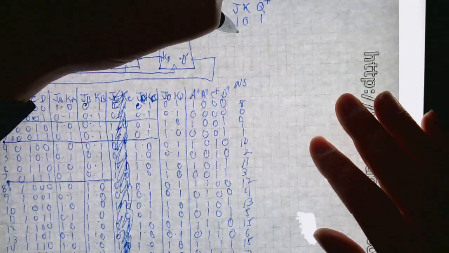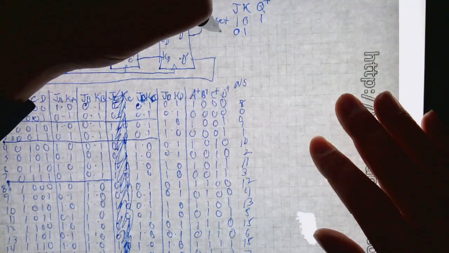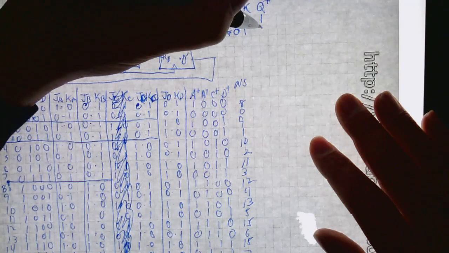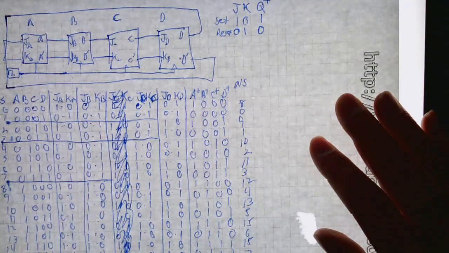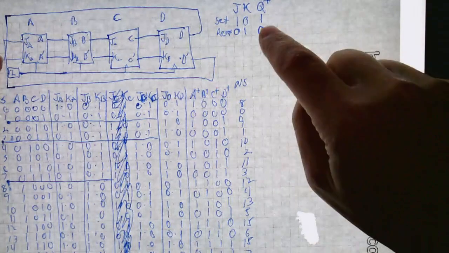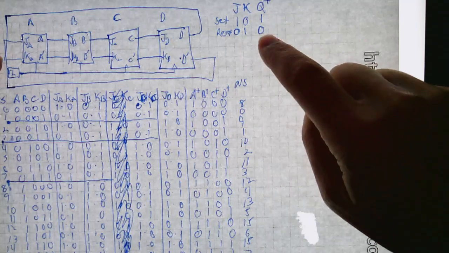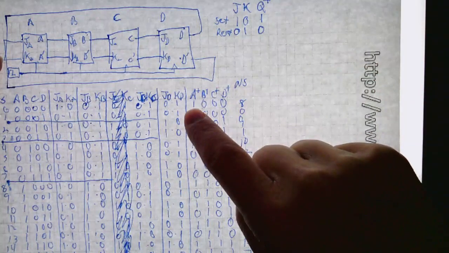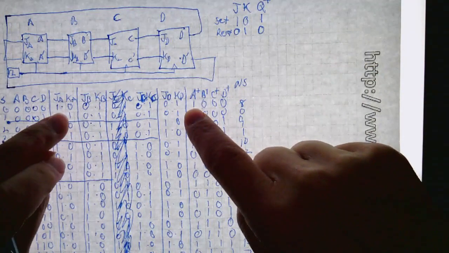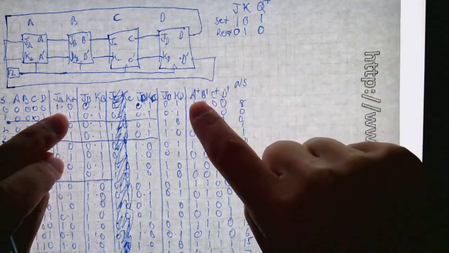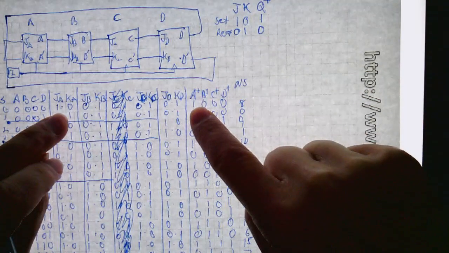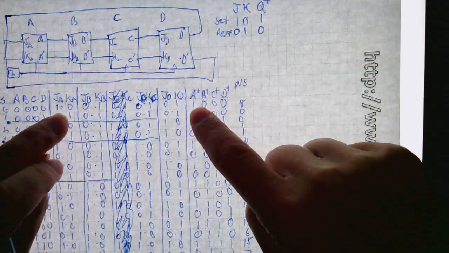And if you put in 0, 1 for J and K, that's a reset, and the next state must be 0. Doesn't matter what the present state is. If you tell it to set, it's going to set. If you tell it to reset, it's going to clear. So here A plus says, in the next state, I saw a 1, 0 on input, therefore I must set.